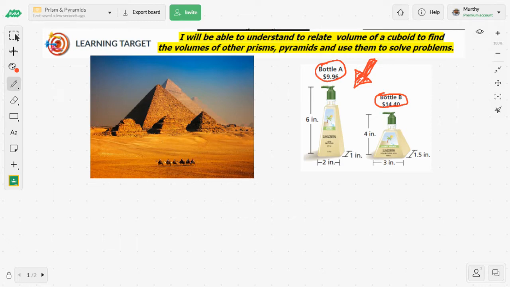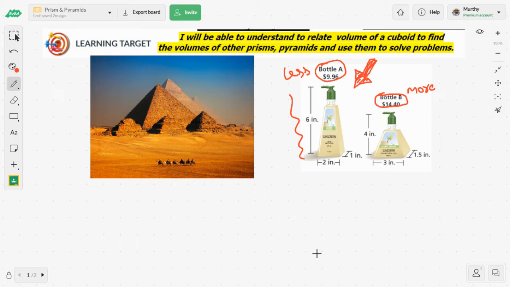That too, the tall bottle is costing less and this one is costing more. So I may get tempted to buy the tall one, right? But if you compute the quantity in it, then you can understand which is a better buy, or which is the best buy.